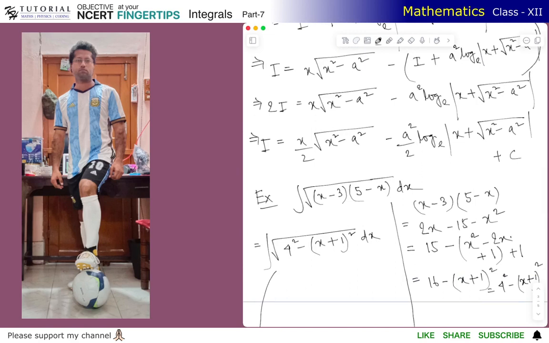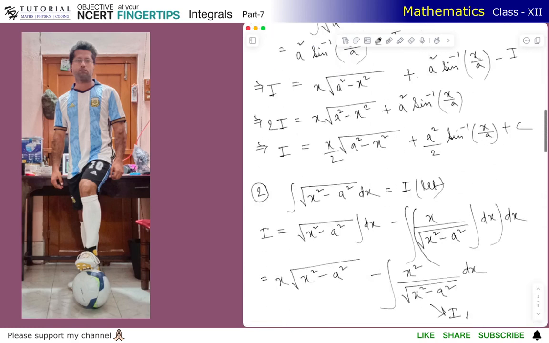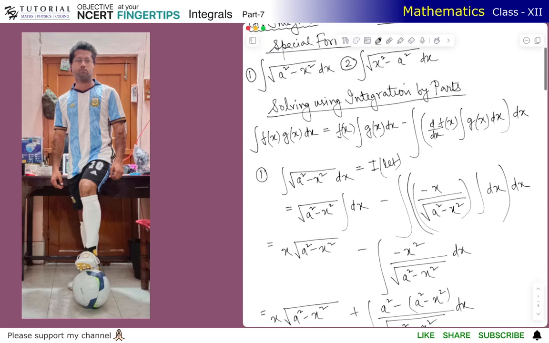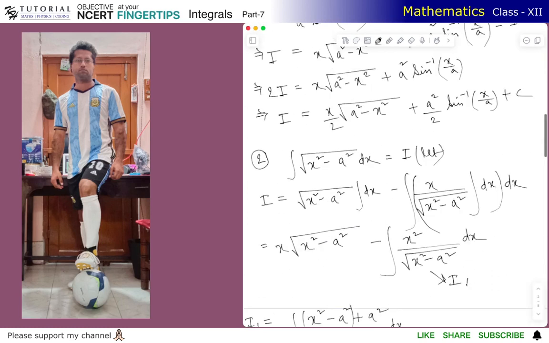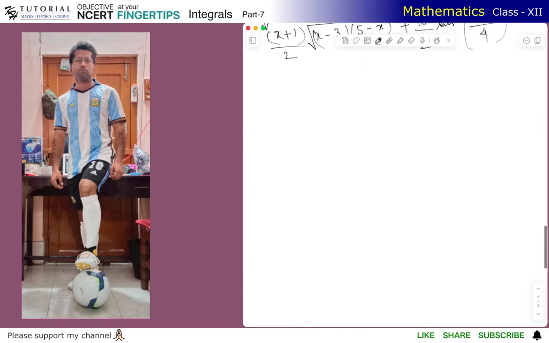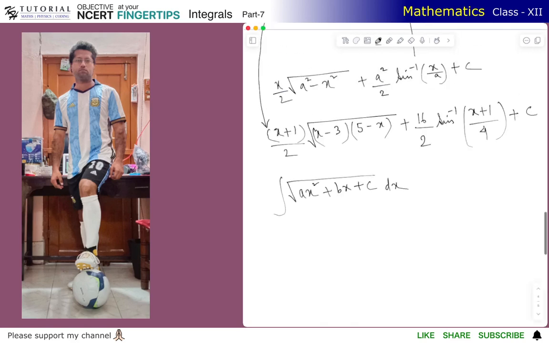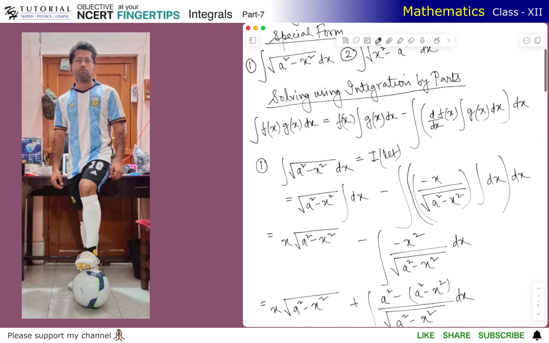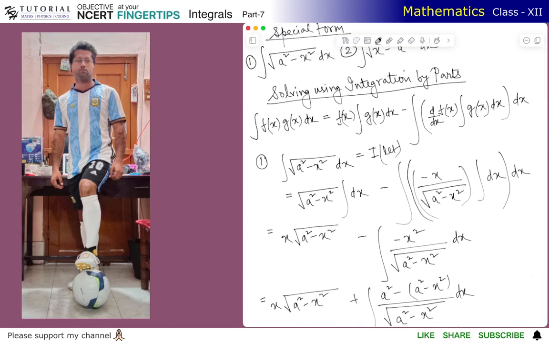So I hope this video was beneficial. This video was to let you know that if you are required to solve an integral of the form square root of, inside you have a quadratic expression like this, I'm talking in general, and if you can rewrite this quadratic expression in the form either a square minus x square or x square minus a square, then you can use integration by parts to solve the integral.